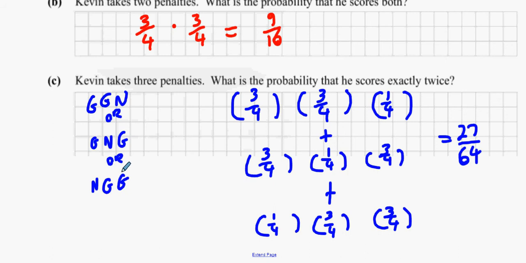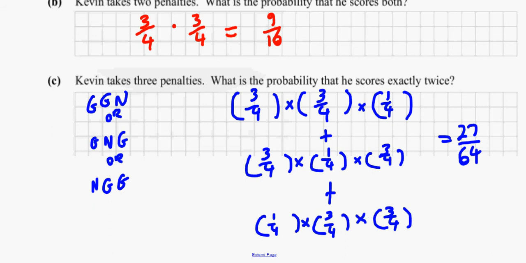Because it's an or situation, it's addition. But goal, goal, no goal means goal and another goal and a no goal. That's why I'm multiplying here, but I'm adding there. All right, that's the difference. The and or rule. Okay.